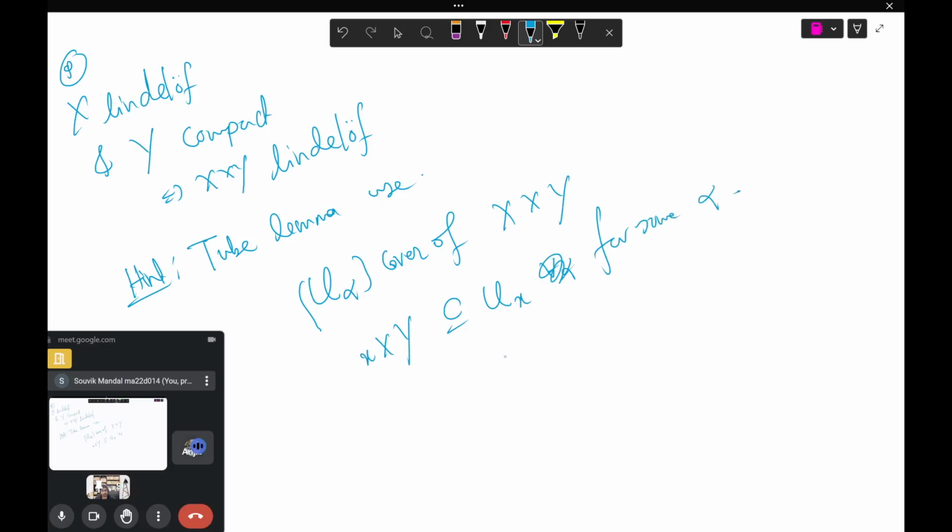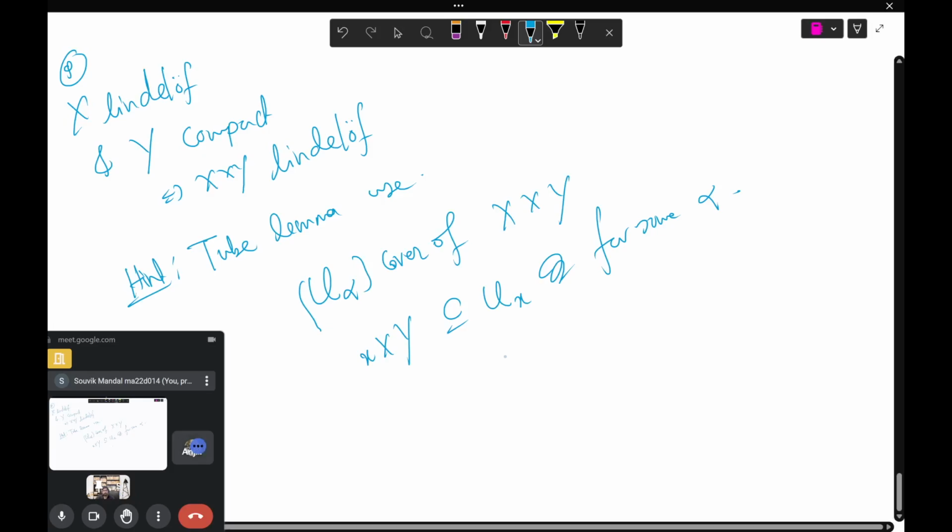Yes, sir. Then, since X is Lindelof, the point x is covered by countably many subcover. Yes.